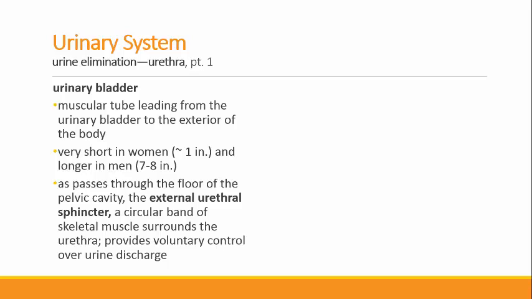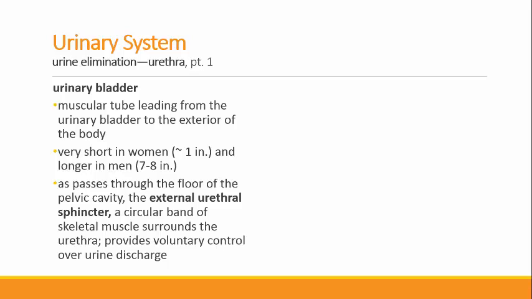As the urethra passes through the floor of the pelvic cavity, there is a skeletal muscle, the external urethral sphincter. It's distal to the internal urethral sphincter, and it is a circular band of skeletal muscle that surrounds the urethra, and this is where we get voluntary or conscious control over when to urinate.